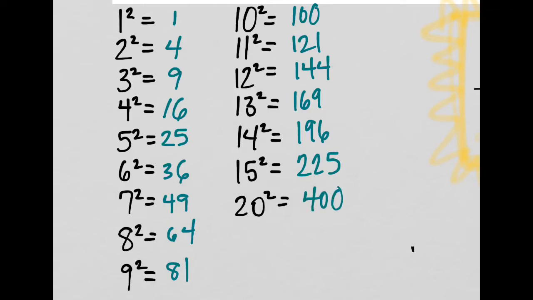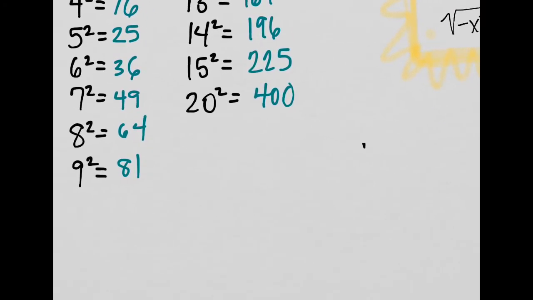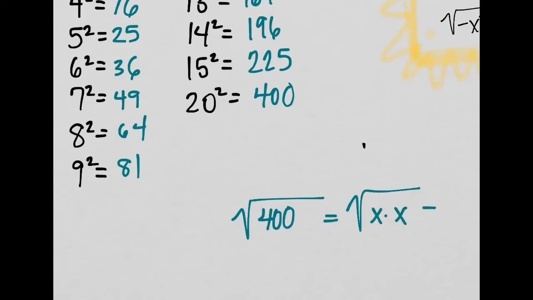Now, I always say that a square root is like unsquaring something. All we've done so far is to square something. But what if I wanted to back up and undo what I just did? Well, if I took 400 and I took the square root of it, essentially what I'm saying is, hey, what number times itself is going to equal my radicand, or what's underneath my radical?